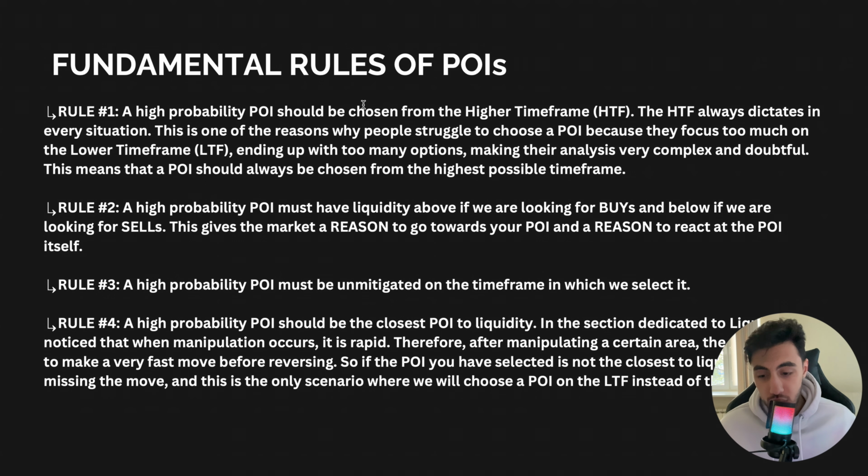But if you go to the lower time frame, you'll say, I have an order block here, an imbalance here, a fair value gap here, an unmitigated wick here, a lot of types of POI. What should I take for my trade? That's the reason looking for a POI inside the higher time frame is going to be the best option.